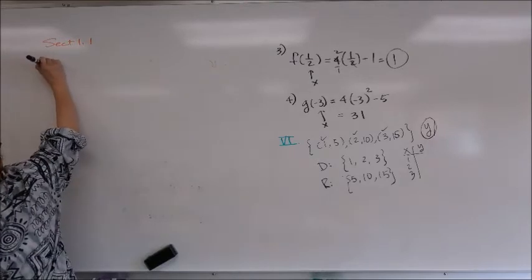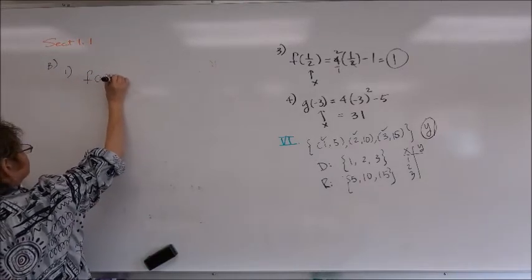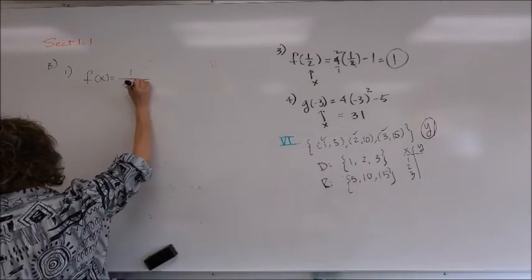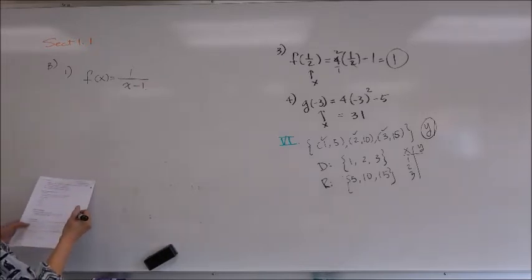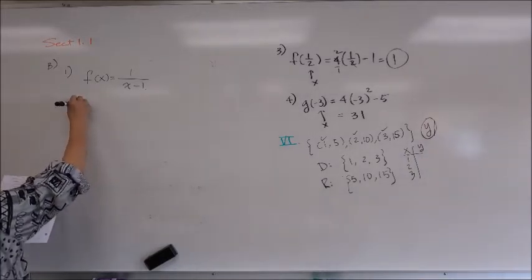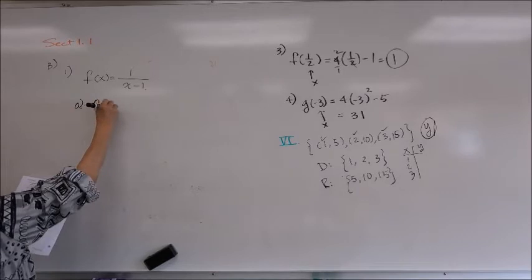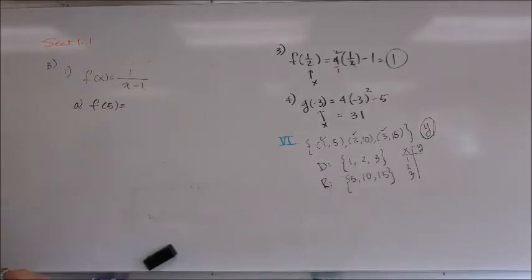Let's take a look. If I have this, it is a function. You don't know why yet, and you will learn this in pre-calculus. So if I ask you, what is f of 5? What are you going to do? It's a fraction. With a fraction, you have a restriction. That means what?